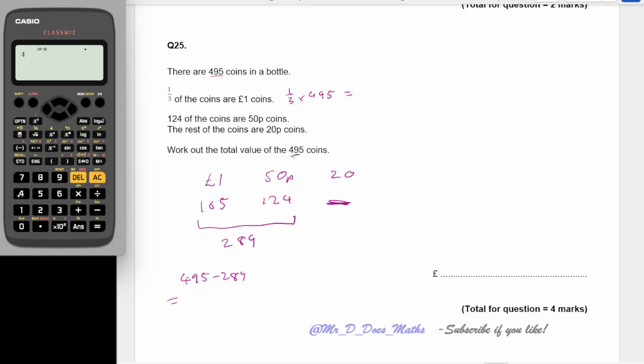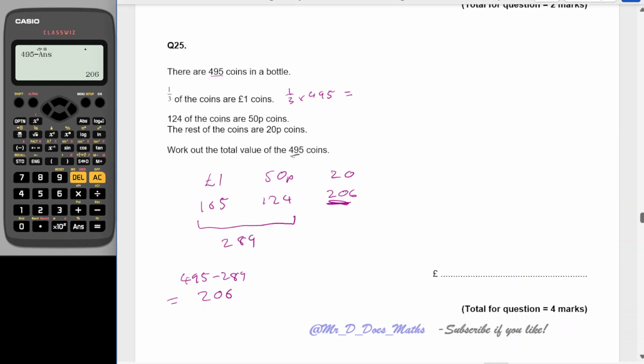So 495 minus my last answer gives me 206 20 pences. And reading the question, it doesn't actually ask us for the number of 20 pence coins. That's why it's always best to read the question. What it actually asked was the value.